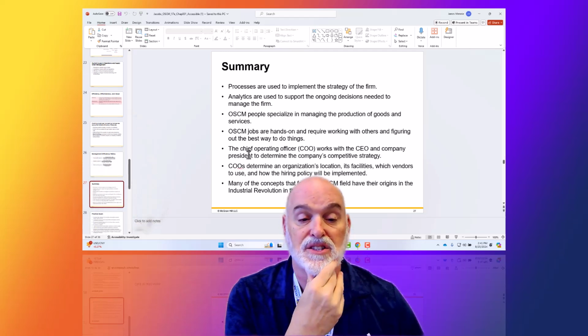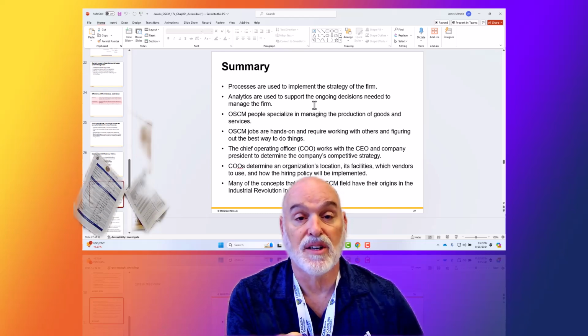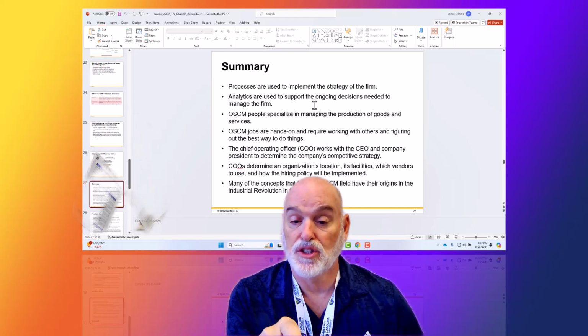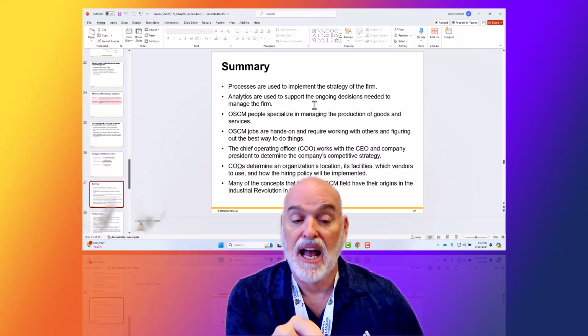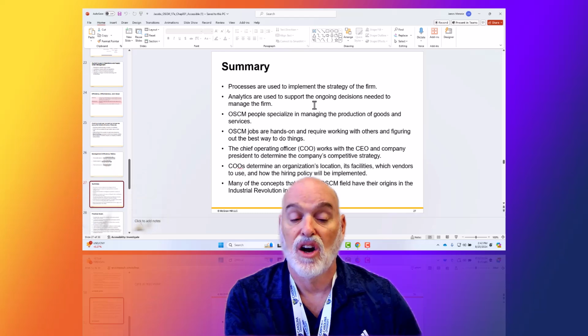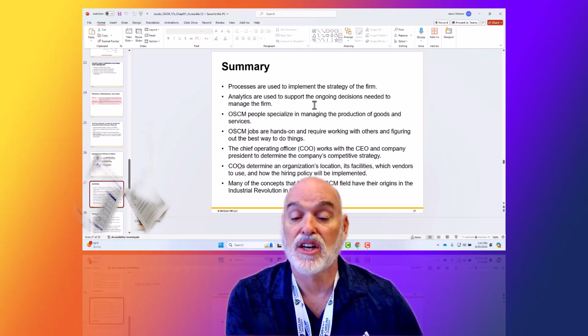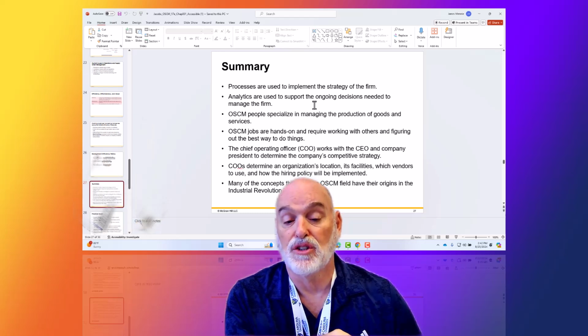Summary. This is what we've reviewed already. Processes are used to implement the strategy of a firm. Analytics are used to support the ongoing decisions needed to manage the firm. And OSCM people specialize in managing the production of goods and services. OSCM jobs are hands-on and require working with others and figuring out the best way to do things.